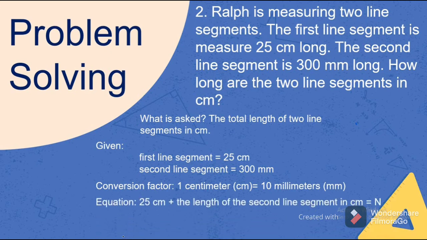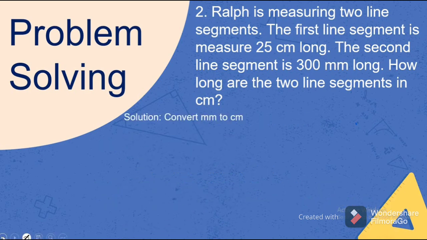Next is form an equation. So we have 25 centimeters plus the length of the second line segment in centimeters is equal to n. Solution. Convert millimeters to centimeters. Start with 300 millimeters over 1. Multiply by a fraction 1 centimeter over 10 millimeters.